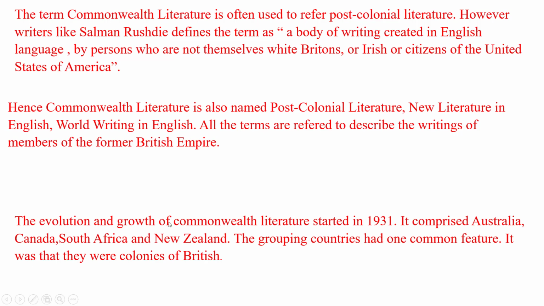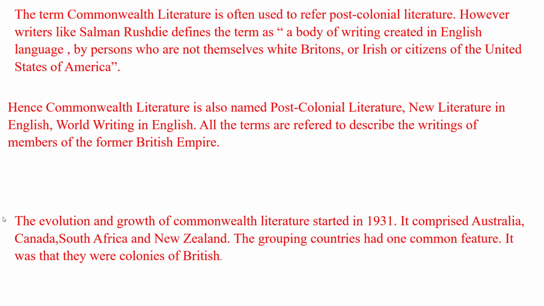The evolution and growth of Commonwealth literature started in 1931. When you see the growth of the word, it was coined in the 15th century, and it was used by Oliver Cromwell in the 16th century. Later, it was reused in the 17th century. Now, the growth in literature: the word was used in literature from 1931.